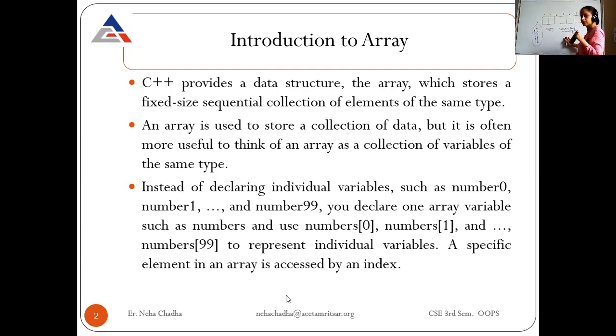How will I make an array? First, these are the memory locations in the RAM. I'm writing here 0, 1, 2, 3, 4, 5. This is from my understanding, but exactly the memory location is in the form of hexadecimal.